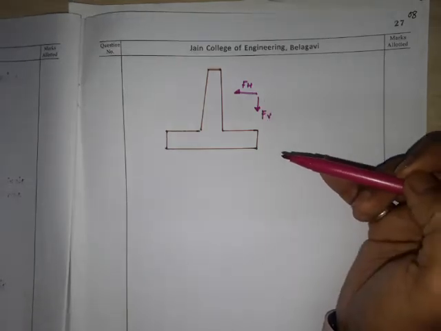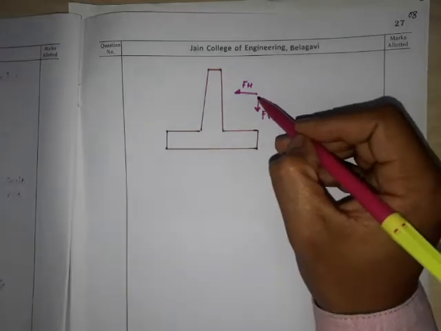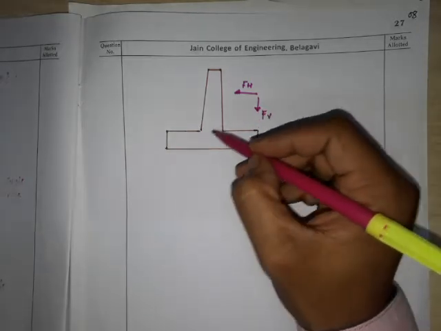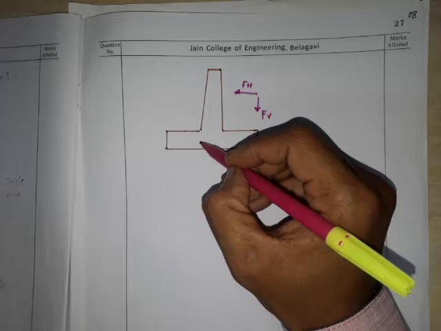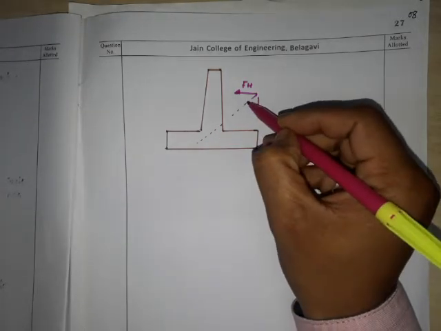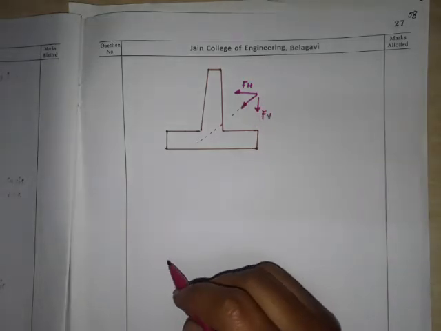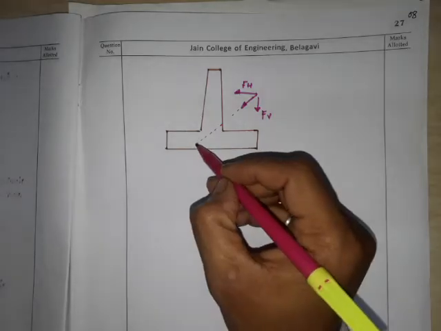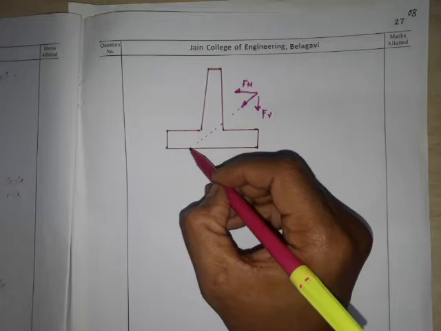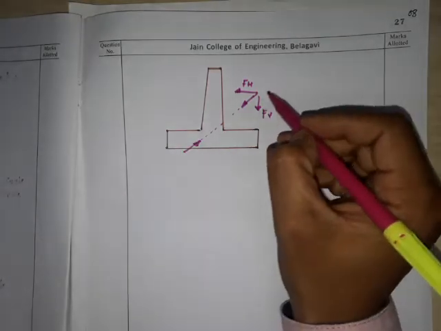And this will develop a resultant. If I plot the resultant here, it will be like this. And for this resultant, the wall will develop opposite resistance. Are you getting my point?